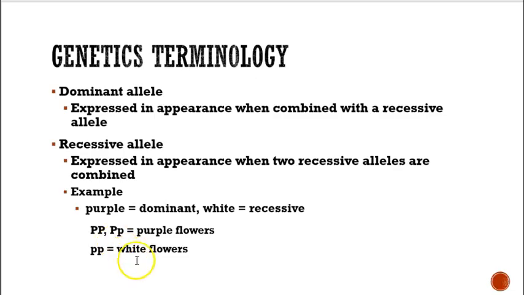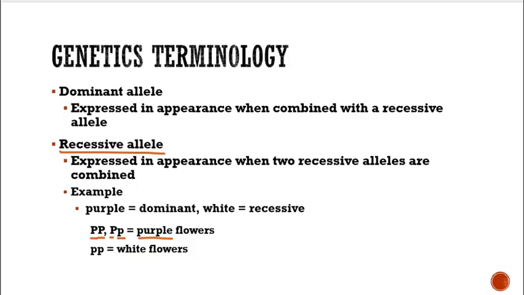In this case, we're going to use a capital letter P to represent our dominant allele. So if an individual has two capital P's, then they have the two dominant alleles, and they don't really have anything else, right? So therefore, they're going to have a purple flower. The other possibility is they could have the capital P for the dominant allele, and a lowercase p, which we're using to represent what we call the recessive allele.